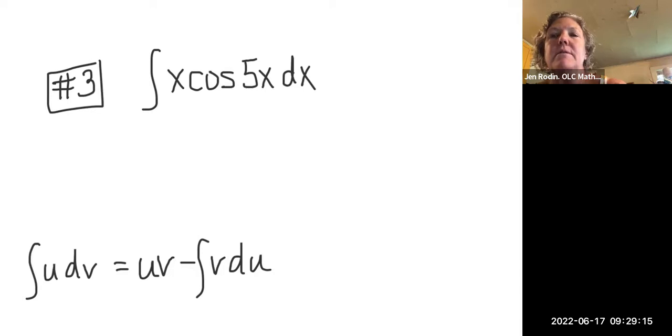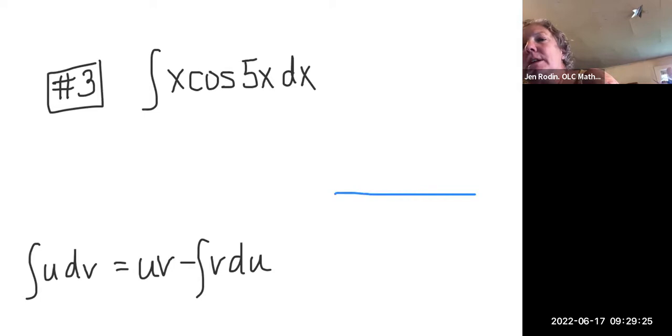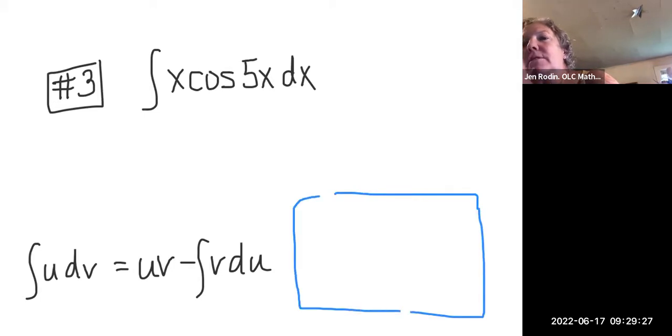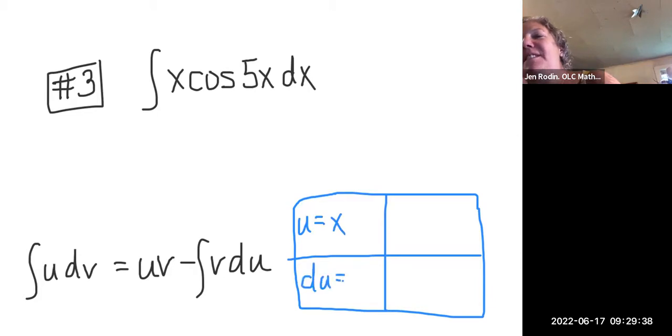But the derivative of x is going to be just 1. So that's how I usually pick the right u and v the first time. But even after all this time, I sometimes don't pick the right one. I'll be like, oh my gosh, I just made it so hard. Not this one. I already did this one in advance.